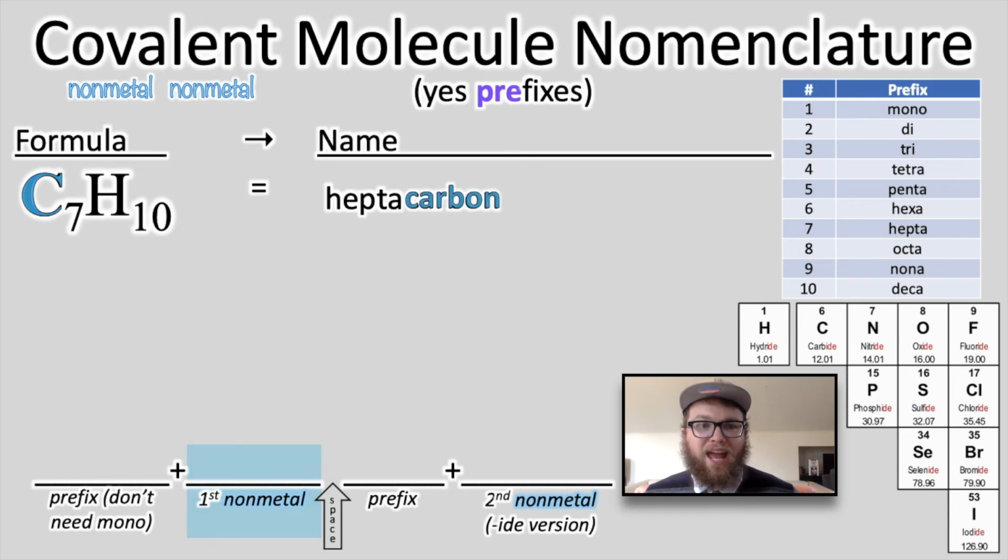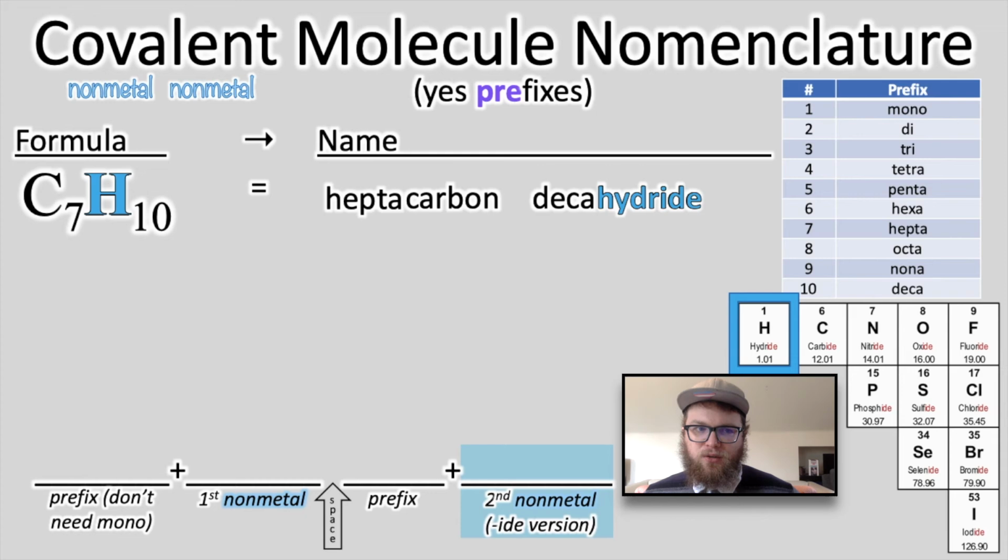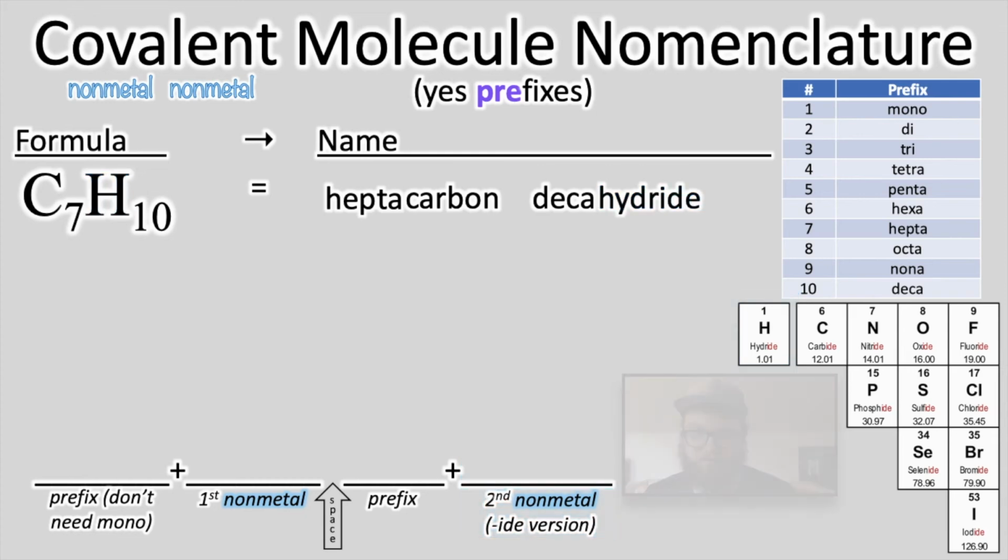So we start with heptacarbon, space, prefix, we need the count, which here is 10. On our table, 10 is deca, so we can start with deca, and then the IDE version of H, which is hydride. So C7H10 is heptacarbon decahydride.